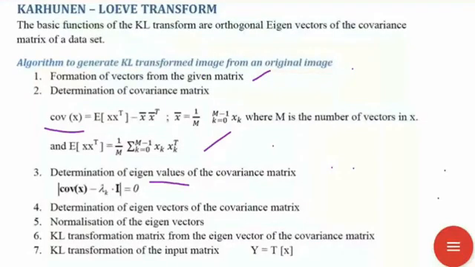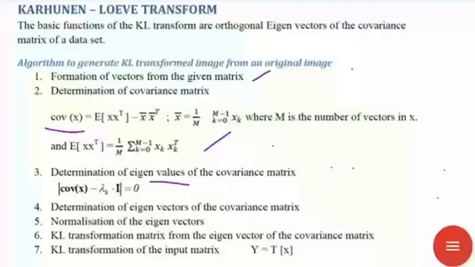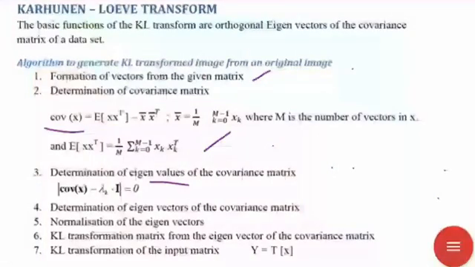So first determine COV of x minus lambda into the identity matrix of the same size as the covariance of x, and then take the determinant, set it equal to 0, and solve to get the lambda values. This lambda value is nothing but an eigenvalue.